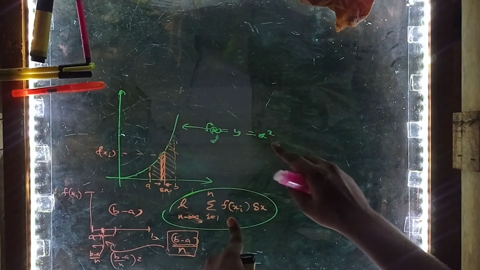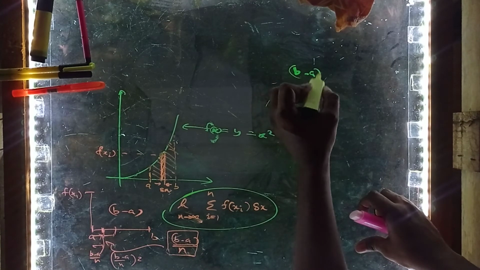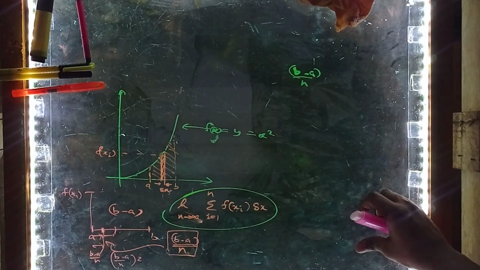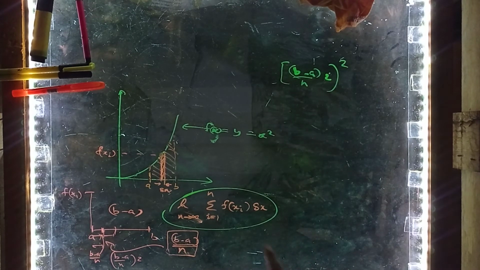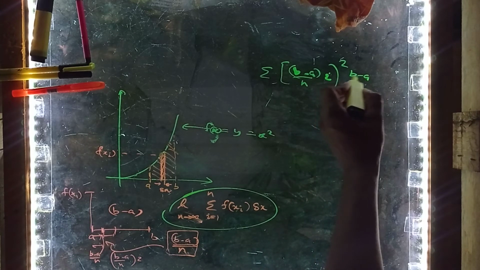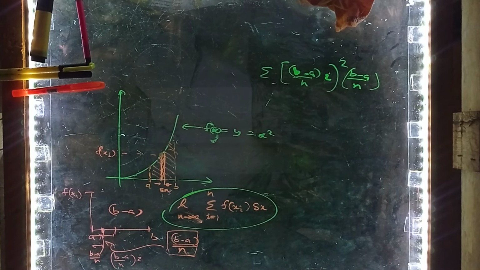According to this function, it should be b minus a upon n times i, squared. Then you can find the corresponding codomains or heights of each rectangle. Each width is the same subdivision, b minus a upon n.